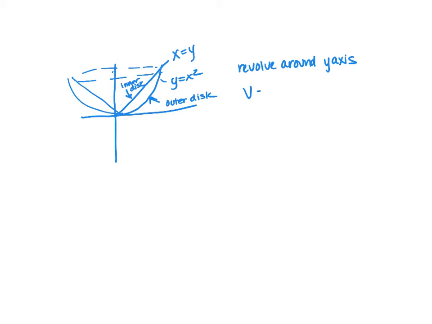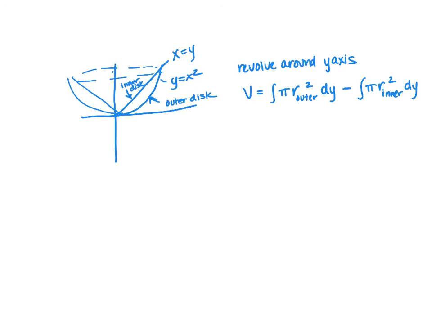Your total volume would be pi r outer squared times dy, and then you subtract pi r inner squared times dy.